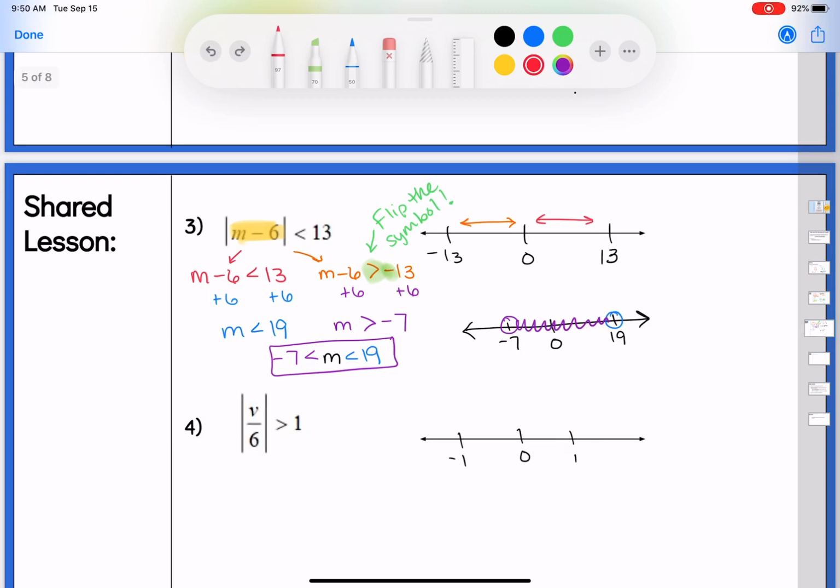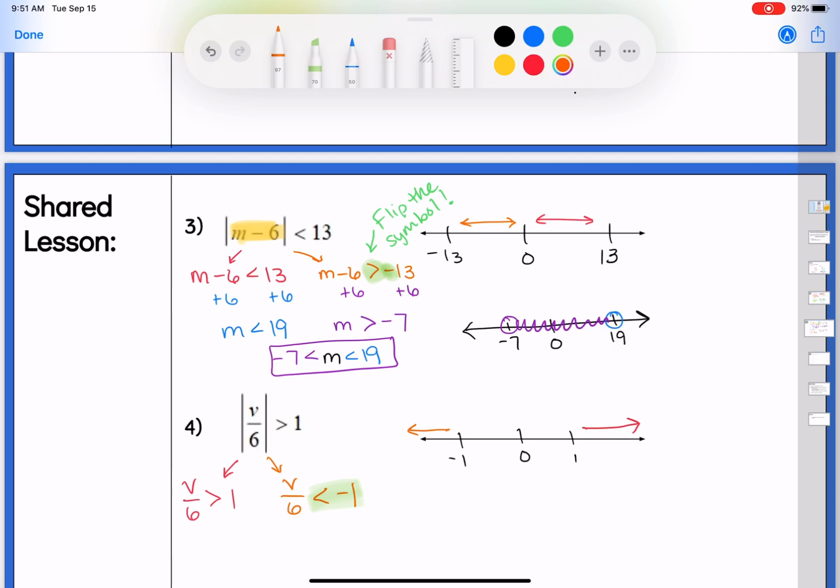Maybe I'm not going to shade just yet, but I need them to go this direction from 1. So I could have v over 6 is greater than 1. But I also need the distance to be greater than 1 in the other direction. So I'm going to have that v over 6 could be less than negative 1. And again, we're going to make sure that we flip that symbol when we make it negative.